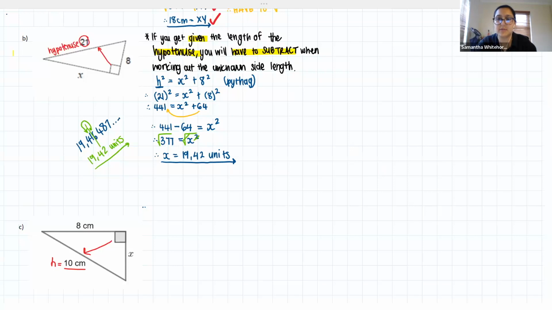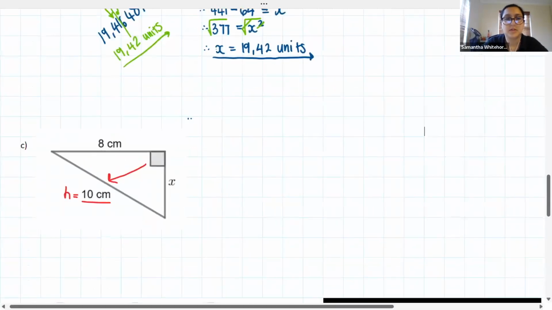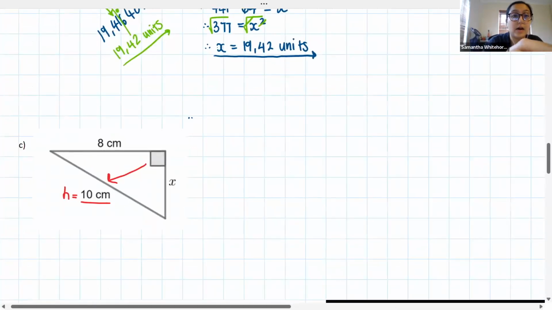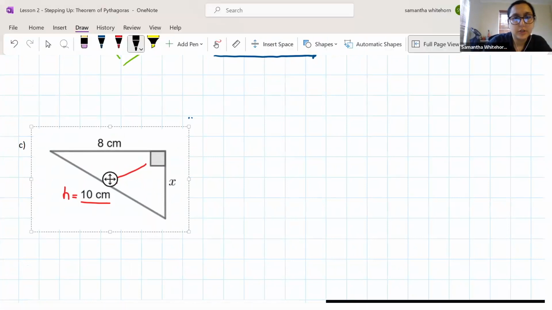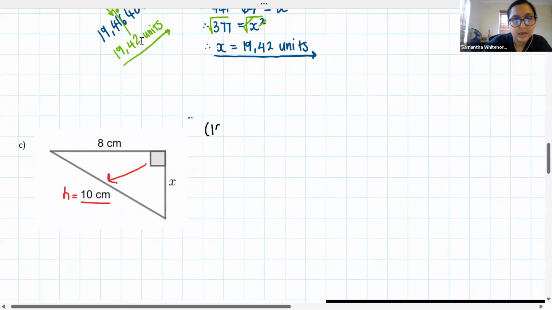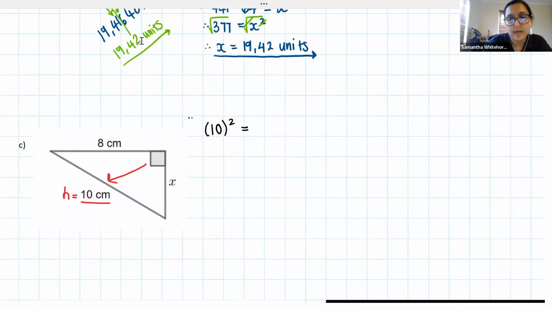Nice. Okay, let's have a look at this. So we know where our hypotenuse is. We identified that together for ourselves. So we have 10 squared, hypotenuse squared, is equal to the two other sides squared and added together. So x squared plus 8 squared. Remember your reason, Pythag?